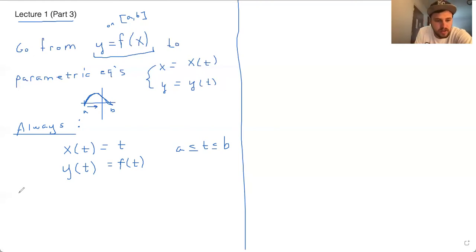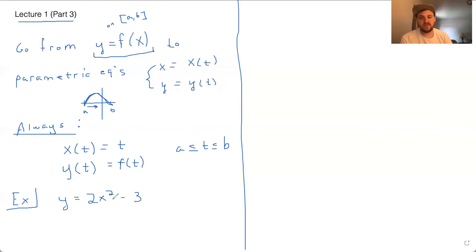So here, let's do a quick little example, and it will segue into some more topics. For this example, let's say we have y equals 2x squared minus 3. Again, this could be on some interval.